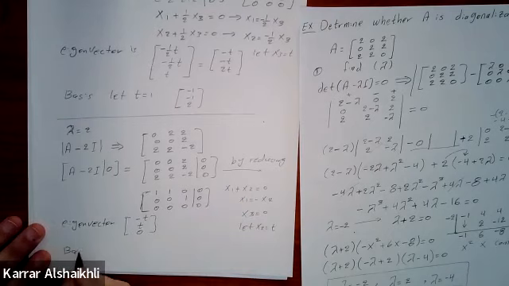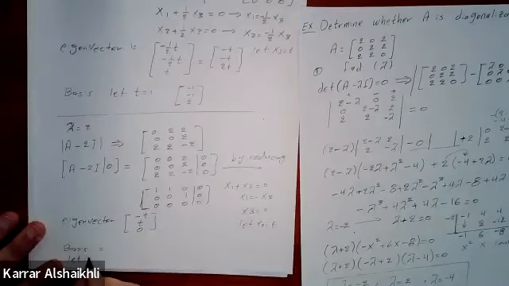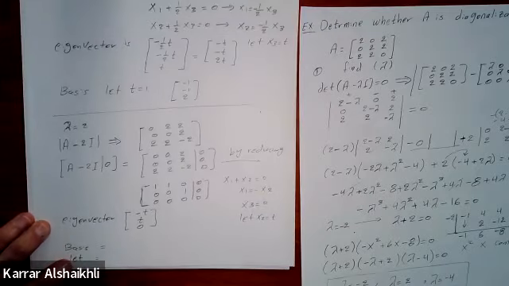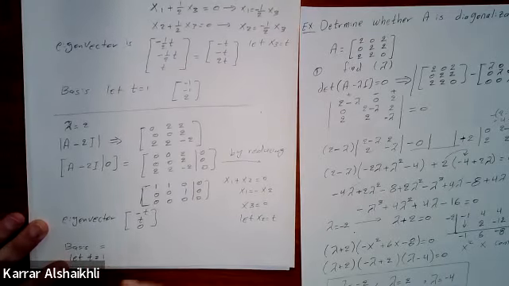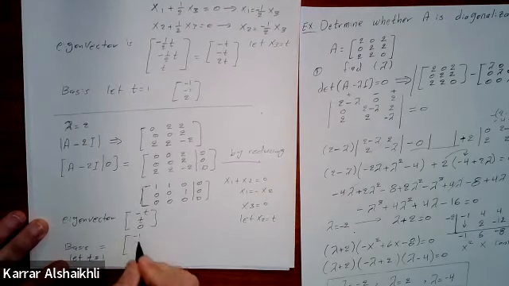For the basis, just let T equal 1. We need to find the basis. That means the basis is going to be negative 1, 1, and 0.